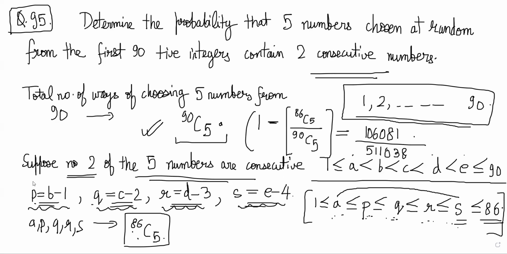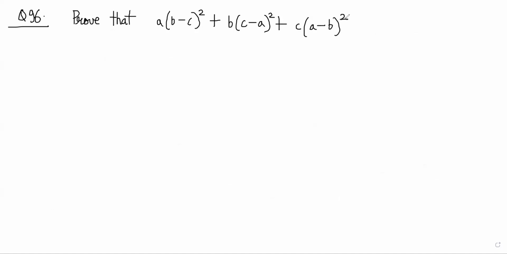Let's look at the next problem. Okay. Prove that A times (B minus C) whole square plus B times (C minus A) whole square plus C times (A minus B) whole square plus 4ABC is greater than A cube plus B cube plus C cube, where A, B, C are the sides of a triangle.